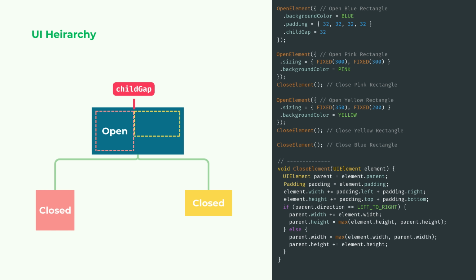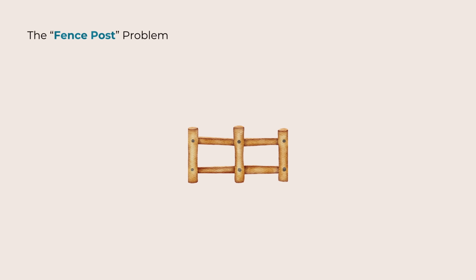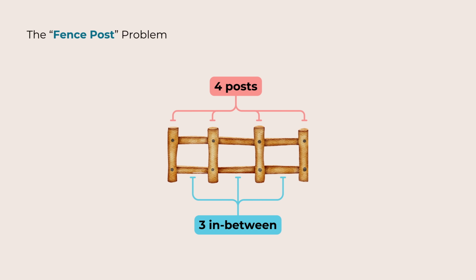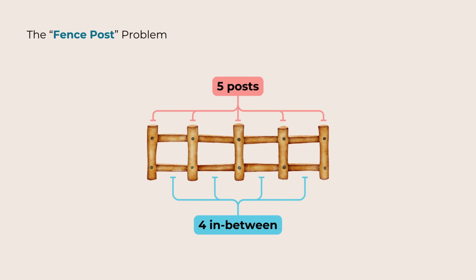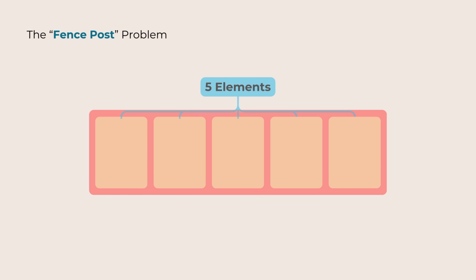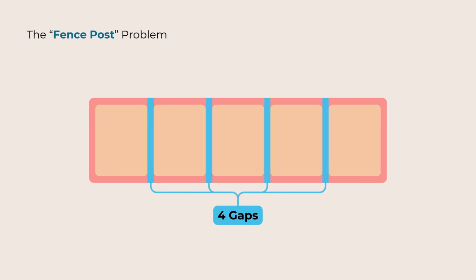The way that we calculate our child gap is actually very simple, and it's related to something called the fence post problem. If we have a fence that has 3 posts, we only need 2 connecting sections of wood in between them. 4 posts gives us 3 in between sections, 5 posts gives us 4 in between sections, and with just a single post, we have no in between sections at all. In the same way, if we have 5 elements laid out left to right, those 5 elements will only have 4 gaps between them.